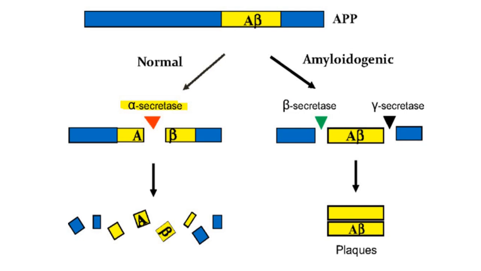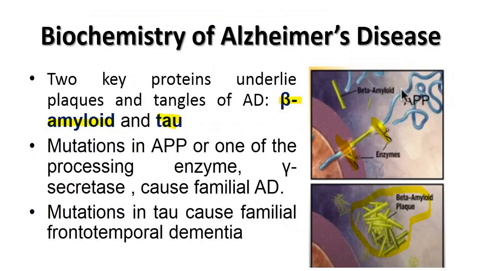However, in pathological condition, in patients who are amyloidogenic, that is those who are prone to develop Alzheimer's, instead of alpha secretase, you have beta secretase and gamma secretase, and beta secretase and gamma secretase will cleave the side chains, leading to the deposition of amyloid beta plaques, and so lots of amyloid beta plaques deposit, and this eventually forms what I showed just now, the beta amyloid plaques that keep depositing.